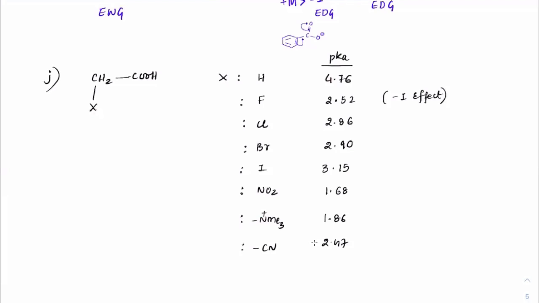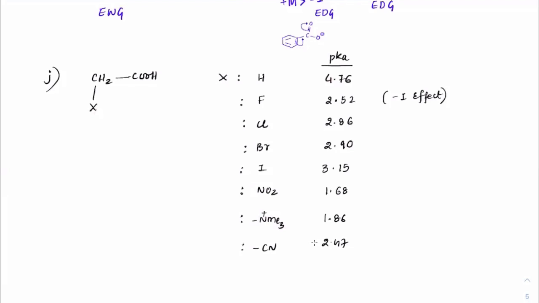Got it? Now, only between these two there is a slight difference. NO2 and NMe3 plus. You would see NO2 has slightly more minus I effect as compared to NMe3 plus. That is a slight exception that I will discuss in some time.